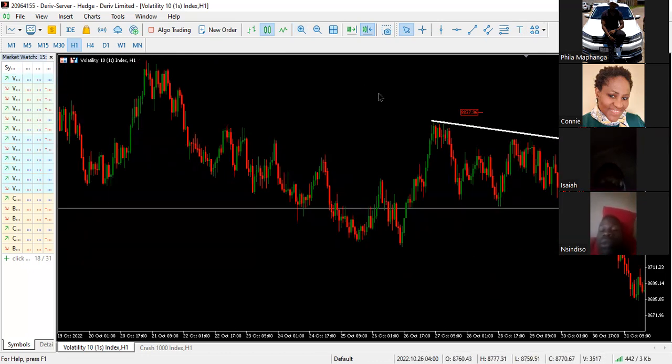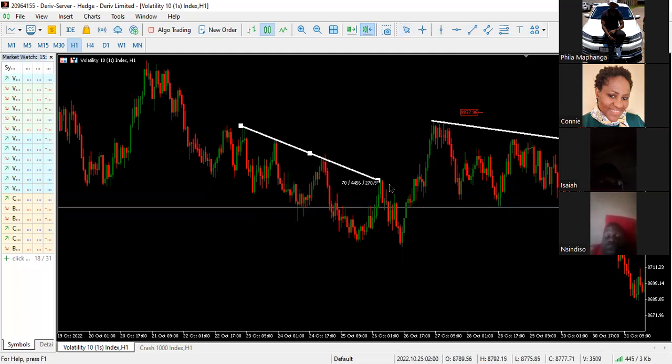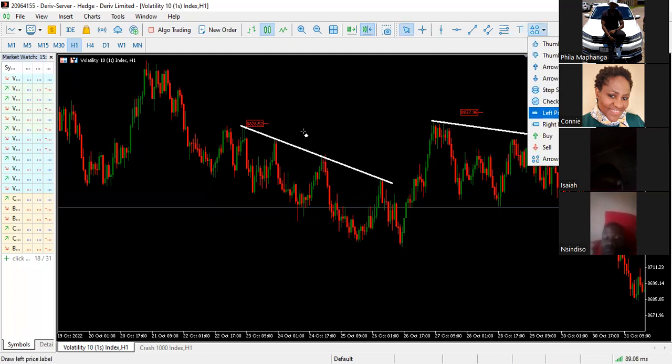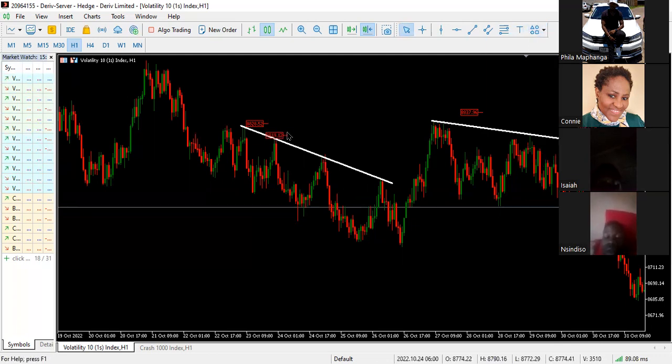If you don't have a trading strategy, just trade using trend lines. Look at this. We're just focusing on sell trend lines only for now. This is our second time.